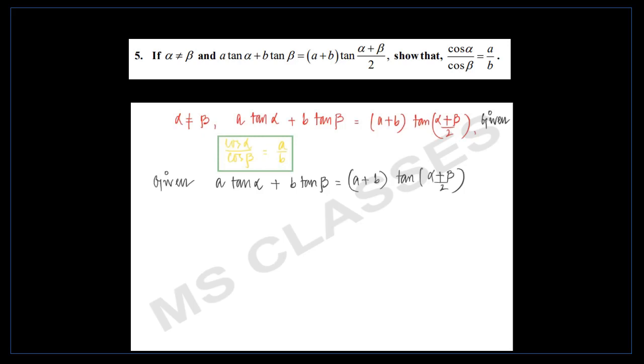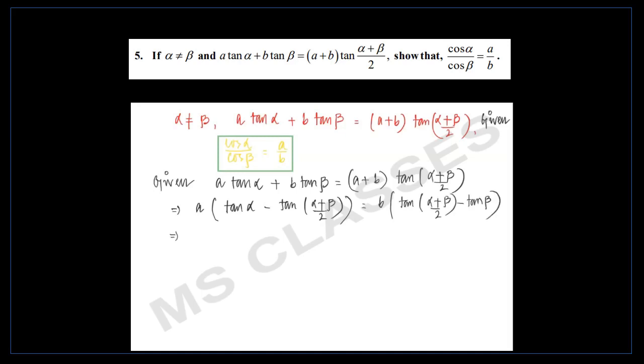Since A and B have to be isolated, we take all the A together and write A into tan alpha minus tan of (alpha plus beta) by 2, equal to B into tan of (alpha plus beta) by 2 minus tan beta.